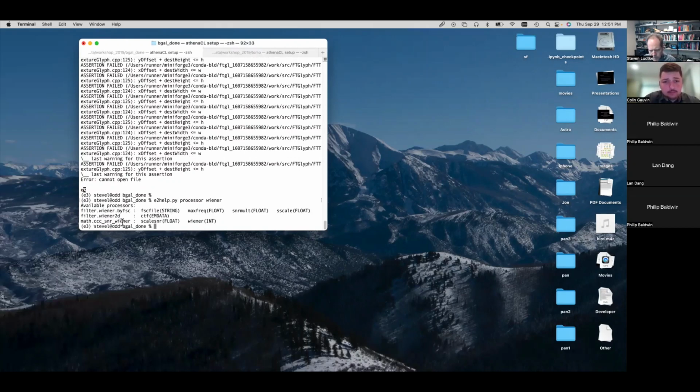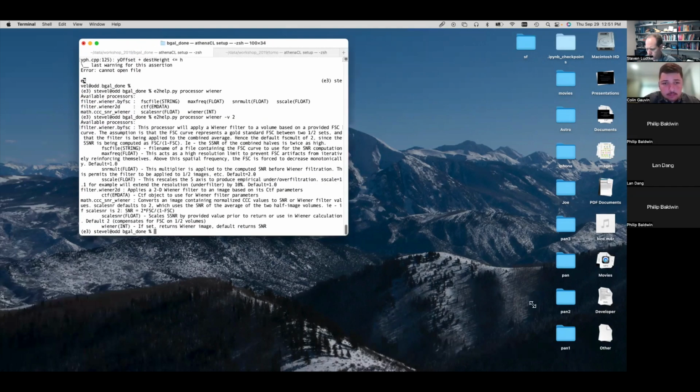Let's see, CCC, SNR Wiener, what's that one? Huh, interesting. All right, so filter.wiener2d. Oh, it expects you to pass it a CTF object. So I would think that it would take it from the header by default, but maybe it just doesn't know how to do that.